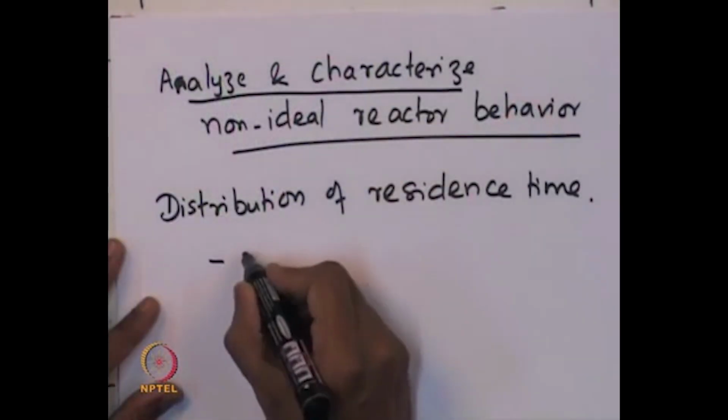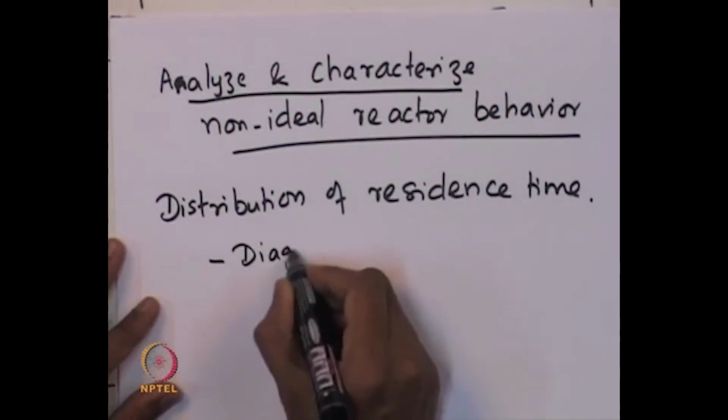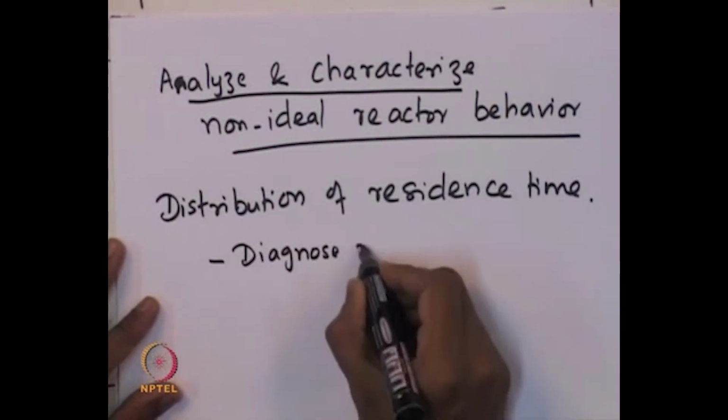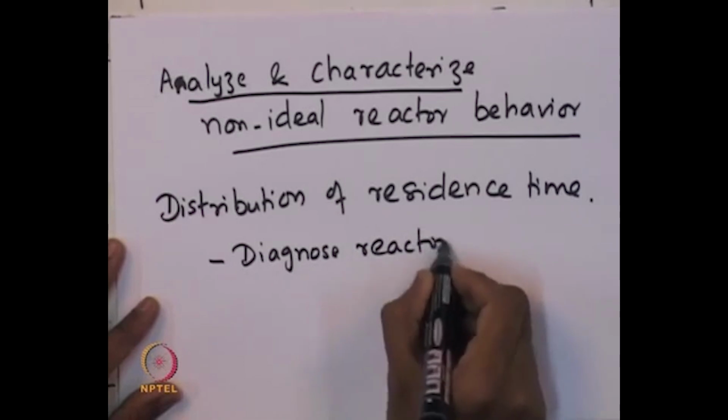The distribution of residence time is actually used to diagnose reactor operation problems.